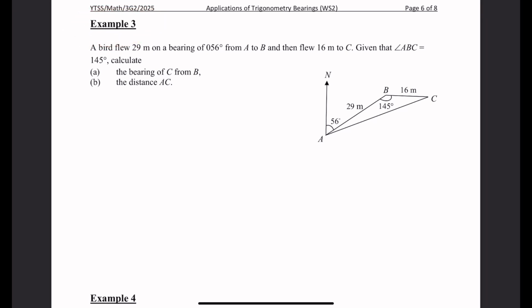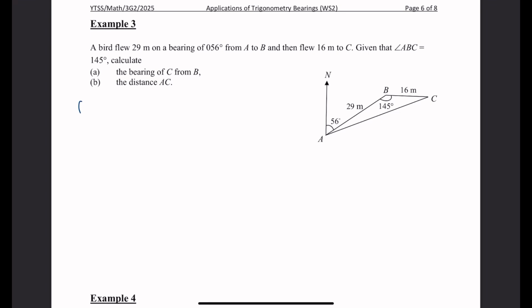A bird flew 29 meters on a bearing of 56 degrees from A to B, okay, and then flew 16 meters to C. Given that angle ABC is 145 degrees, we need to calculate the bearing of C from B first.